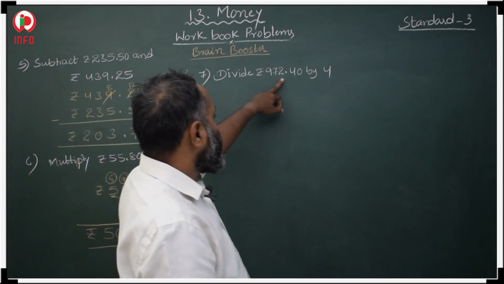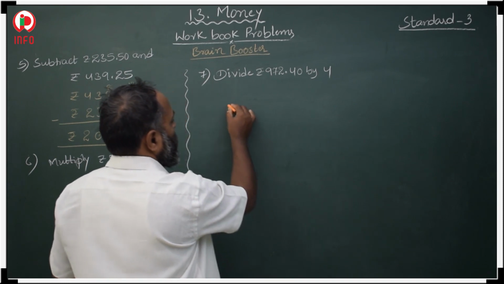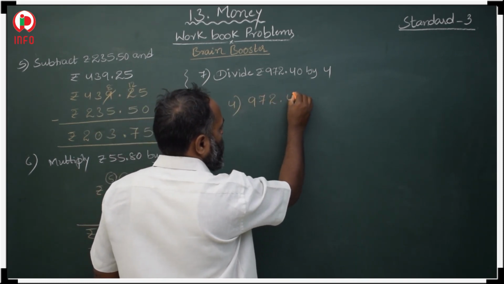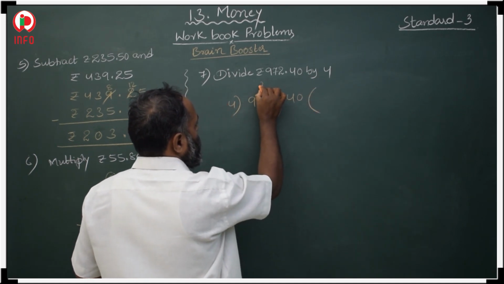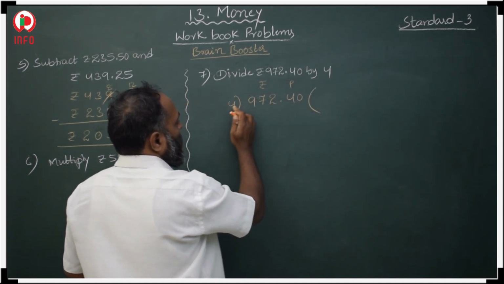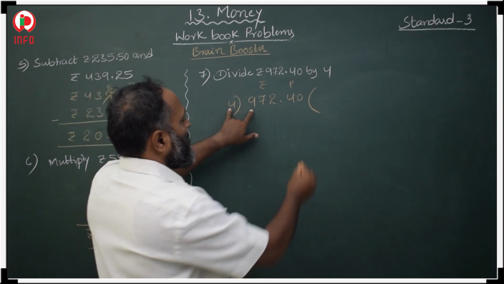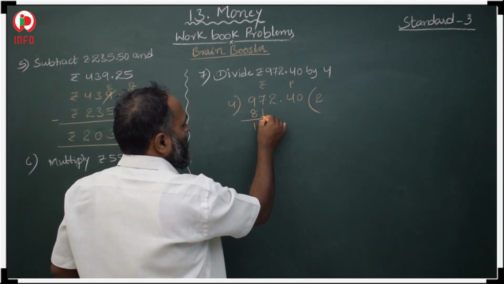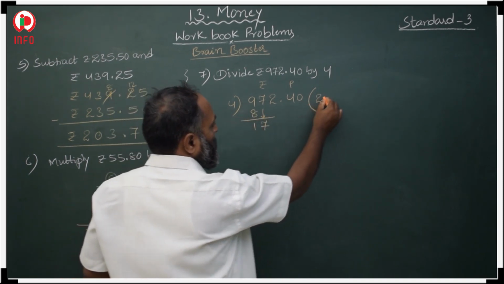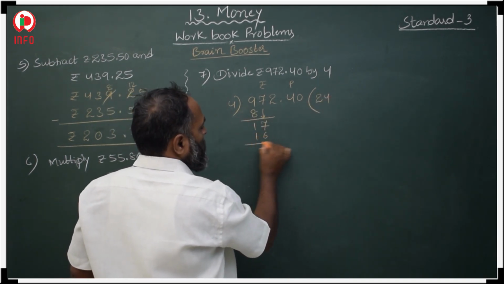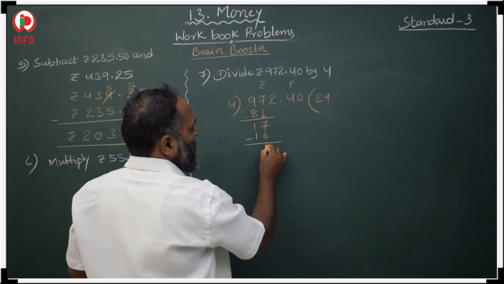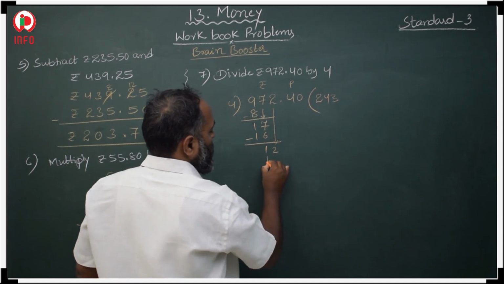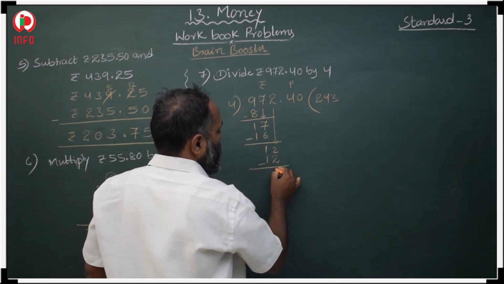Now 972 rupees 40 paisa divided by 4. It means 4 divides 972 rupees and 40 paisa. This is about rupees, this is about paisa. In the 4 table, to get 9, 4 twos are 8. 9 minus 8 is 1, then copy the next digit, then 4 fours are 16, then 17 minus 16 is 1 and copy the next. 4 threes are 12. 12 minus 12 is 0, no need to take.